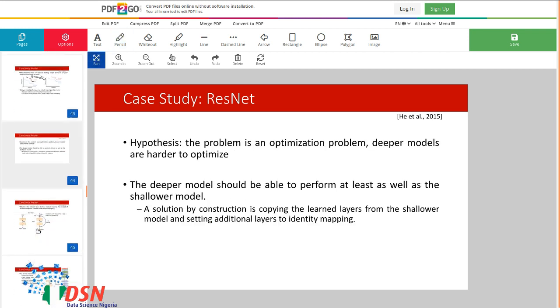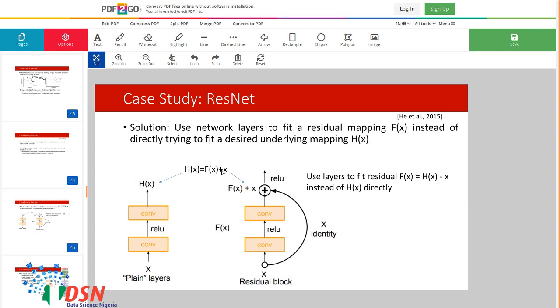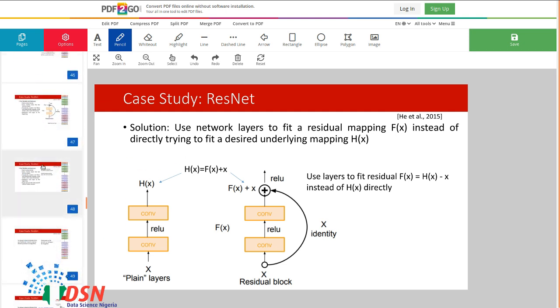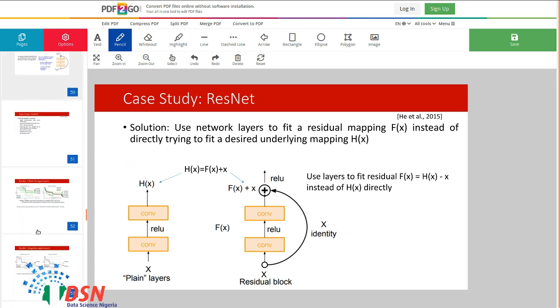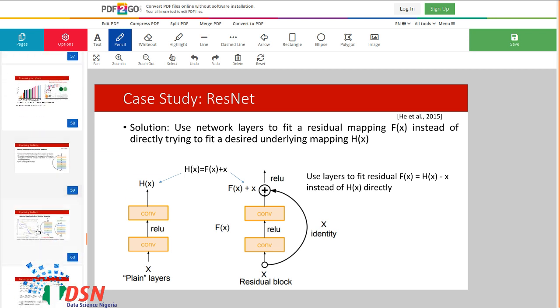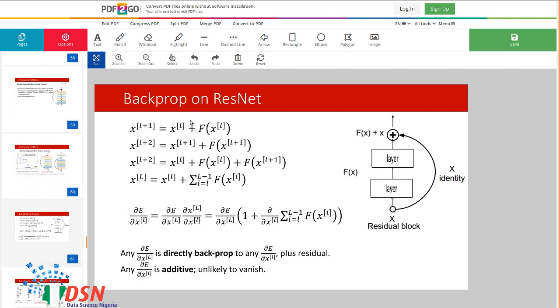So to solve this problem, ResNet used this kind of short path to alleviate it. How? Let's see. I think we have a proof of that.